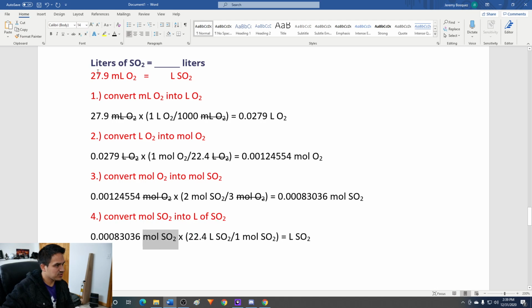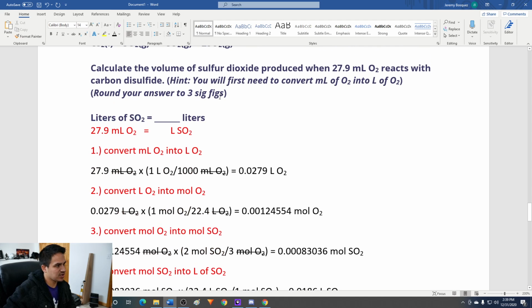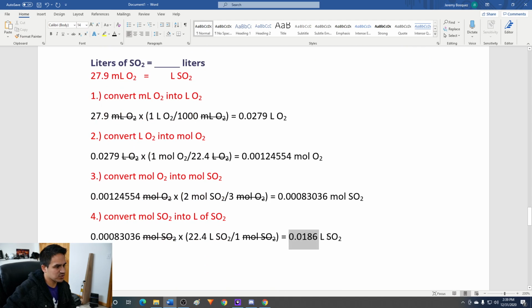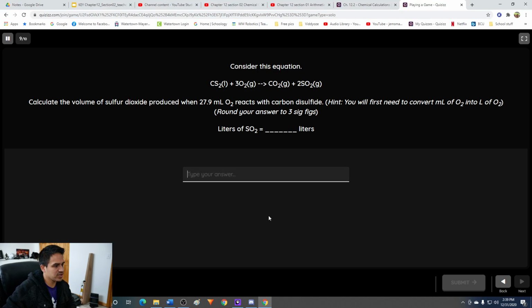That way moles of SO2 cancel out, and we will then be finally in liters. So take that times 22.4, and I get 0.0186. And it does say to round to 3 significant figures, which is what we have right there. So I believe that is our final answer. 0.0186.